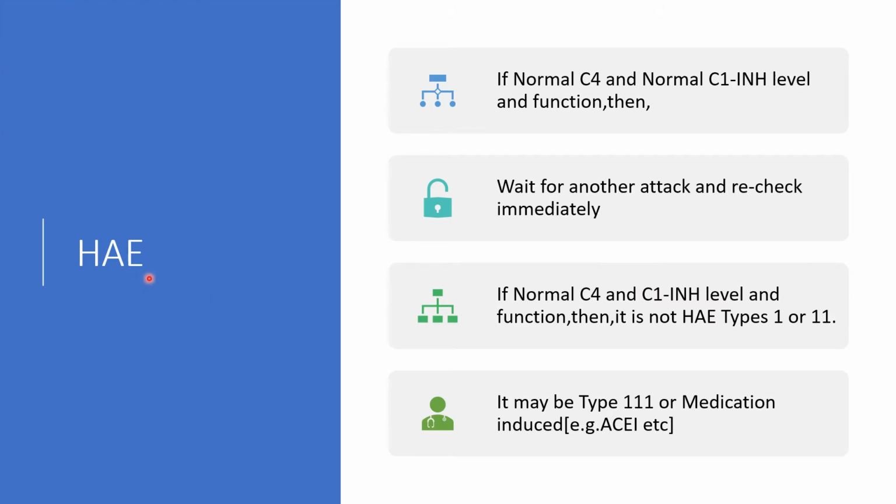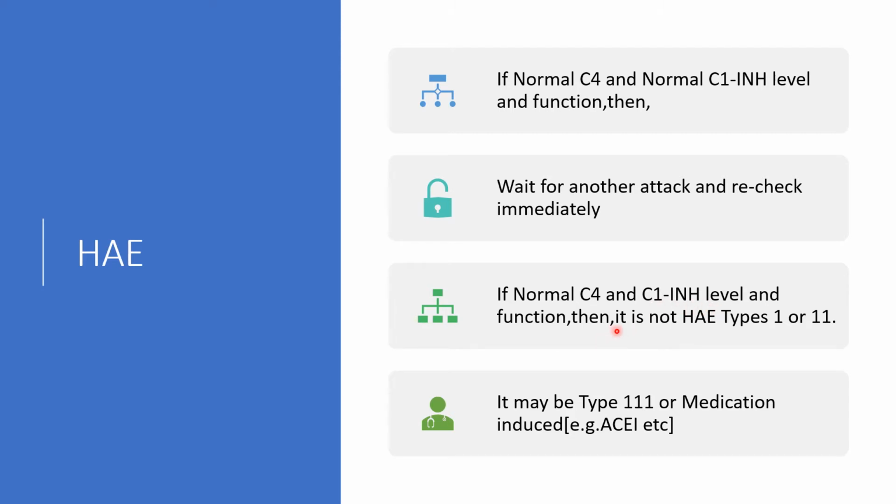Still on hereditary angioedema, if C4 level is normal and C1 inhibitor level and function are both normal and accurate, then we will wait a bit, provided that the patient is okay, right? We'll wait for another phase of attack and we will recheck both the level of C4 and C1 esterase inhibitor, including the level of the C1 esterase and the function.